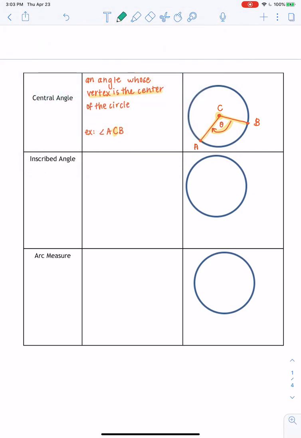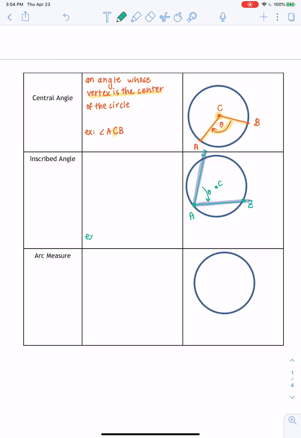There are also angles called inscribed angles. So if this is point C, then we're going to have, we'll keep this as point A, and we'll put this as point J, and we'll put this as point Z. So what we've created here in blue, or bluish green, is another angle.